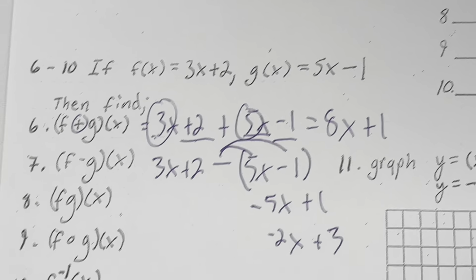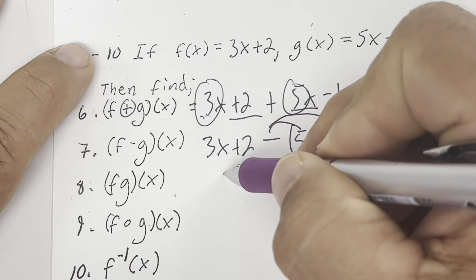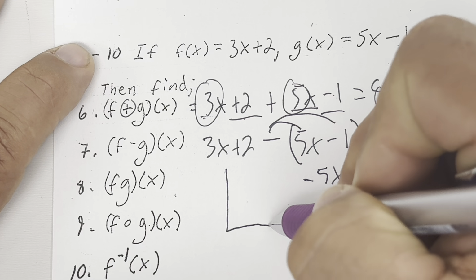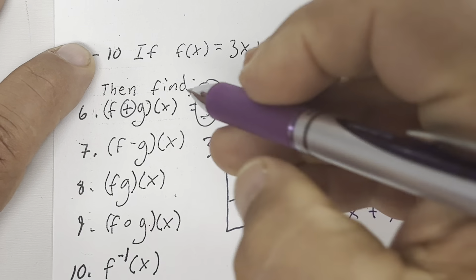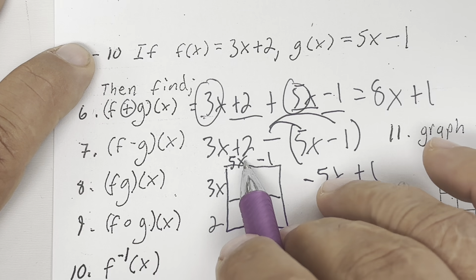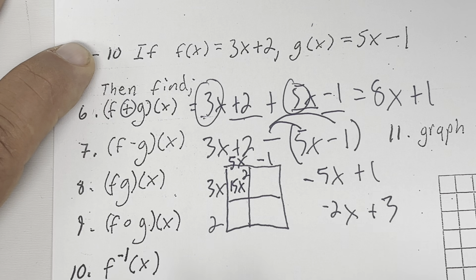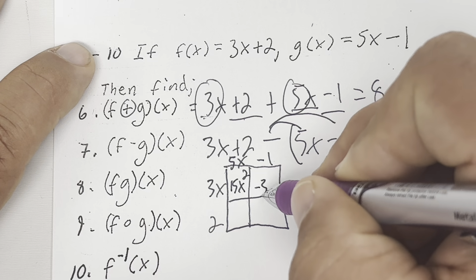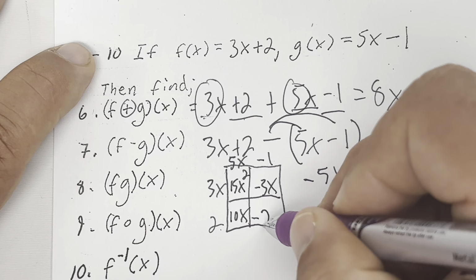For number 8, f times g. So I'm going to set up a cute little Punnett square. F is 3x plus 2. G is 5x minus 1. So 3x times 5x is 15x squared. 3x times negative 1 is negative 3x. 2 times 5x is 10x. 2 times negative 1 is negative 2.